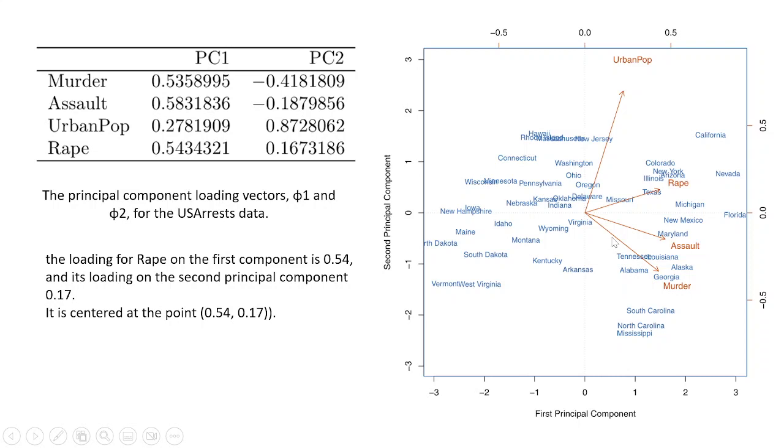And it also corresponds to the loading of the second component, which is negative 0.4. And assault is centered around 0.58 and negative 0.18 for the second component, and so with the rest.